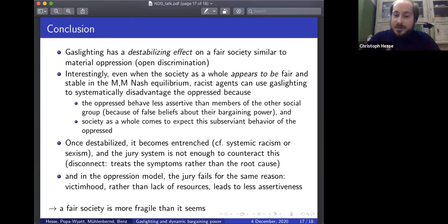So they're kind of helpless, which might not be quite realistic. Maybe you could have a model where the victim has bargaining power taken from them because of their choices and not the choice of the perpetrator.